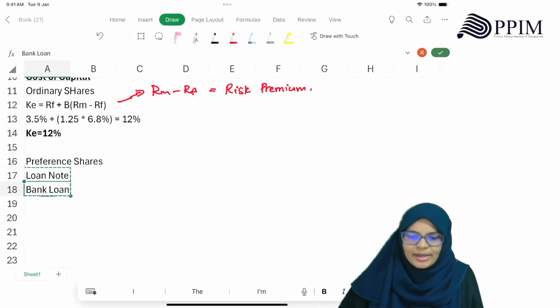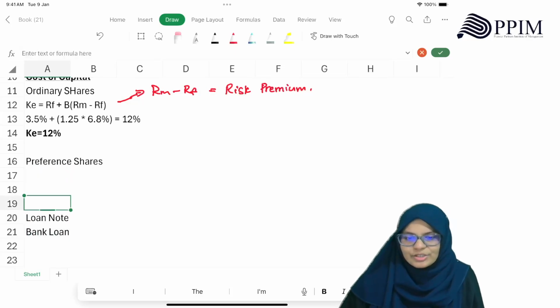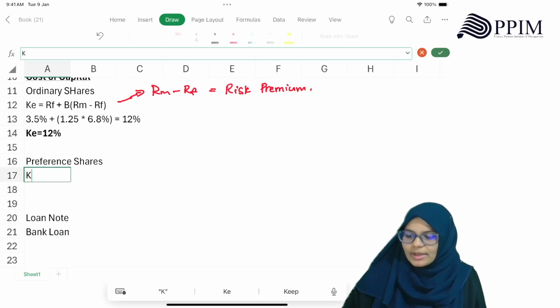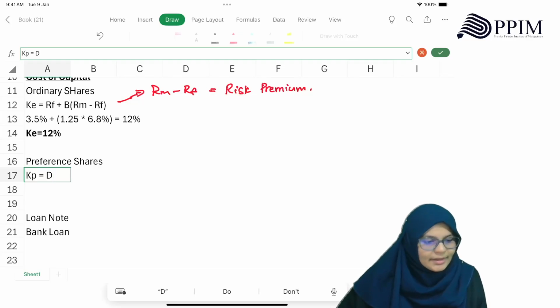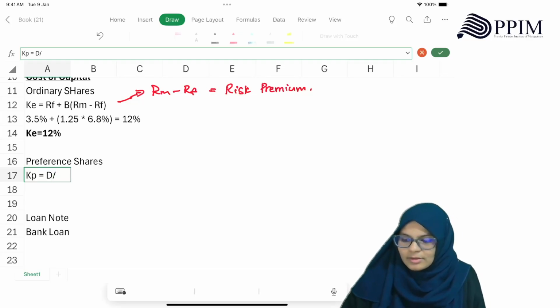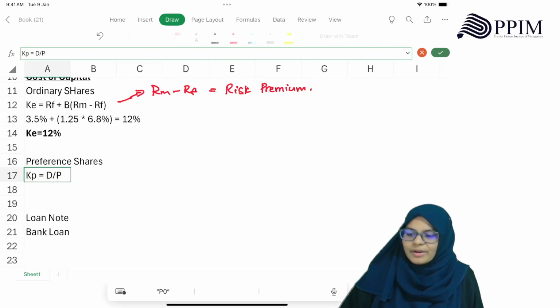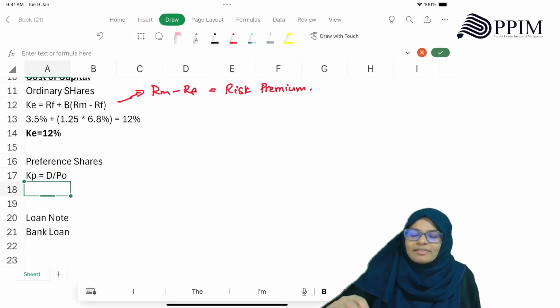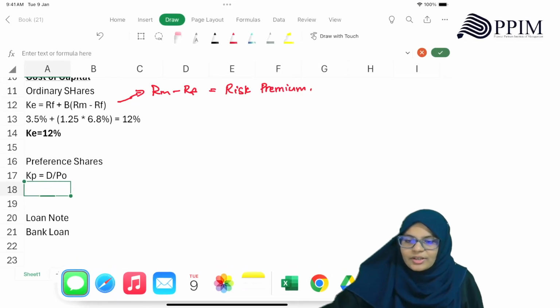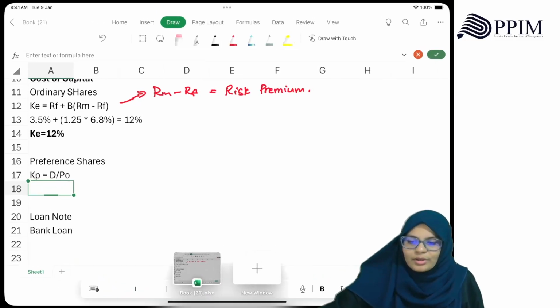There's only one way to get the cost of preference shares, that is using the dividend valuation model, right? So KP should equal to the dividend divided by the market price of a preference share, right? So if you look at the dividend of the preference share, although it's not given to me directly, they told me something, right?